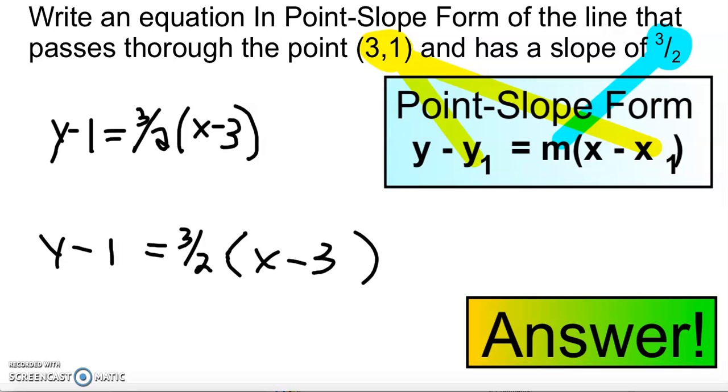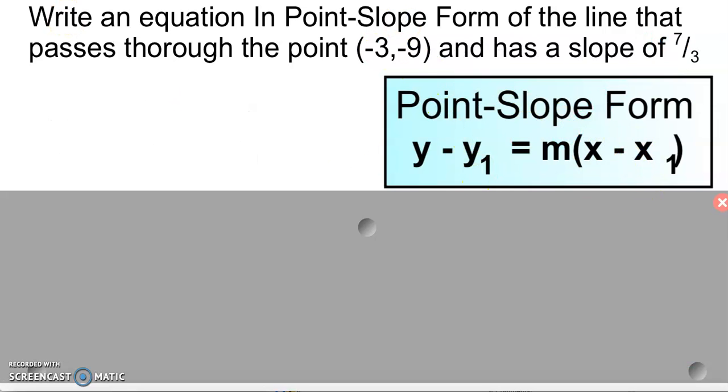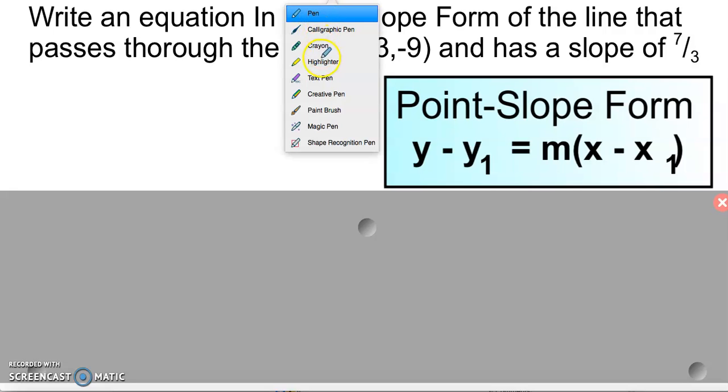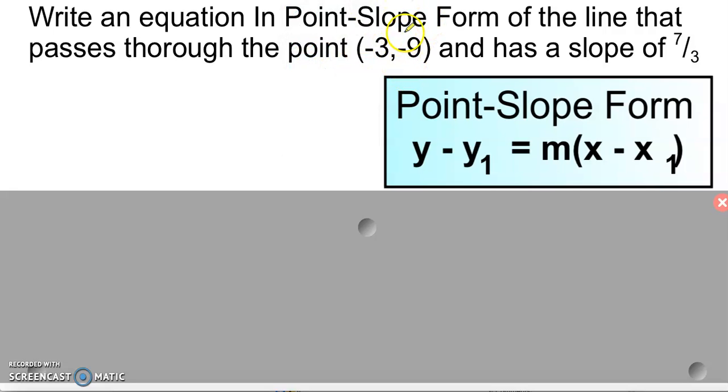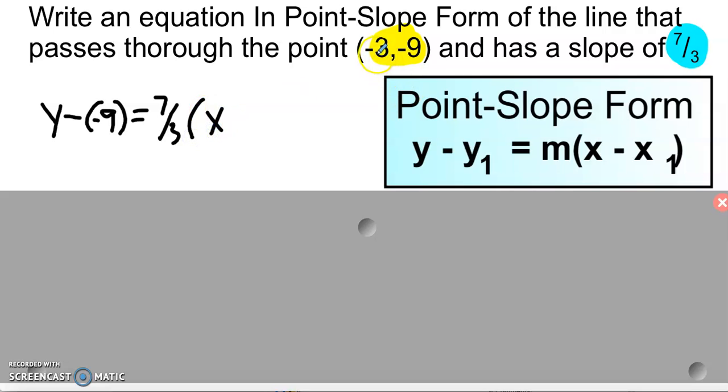Okay, let's take a look at another couple examples, and then we'll be done. So here we go. I've got the point negative 3, negative 9, and I've got the slope of 7/3. Man, that's a tough looking slope, but it's going to be super easy to write this. Okay, I'm going to go y minus, and my y here is negative 9. So I'm going to do y minus negative 9 equals, my slope is 7/3 times, and then this is going to be x, and then I have minus negative 3.